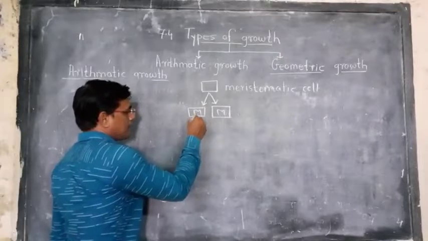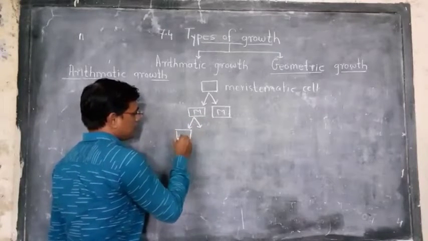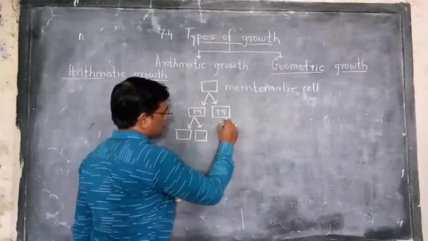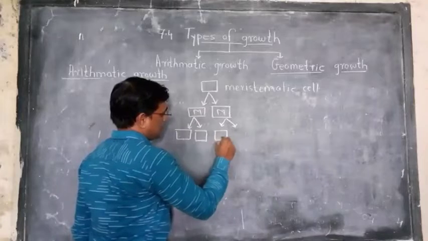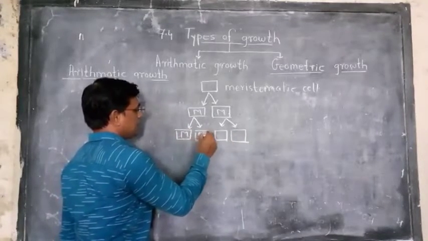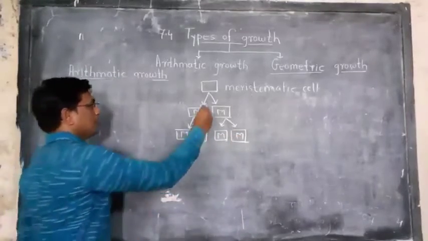So here again these two cells divide by the process of mitosis and give rise to two cells each. All these are meristematic cells.